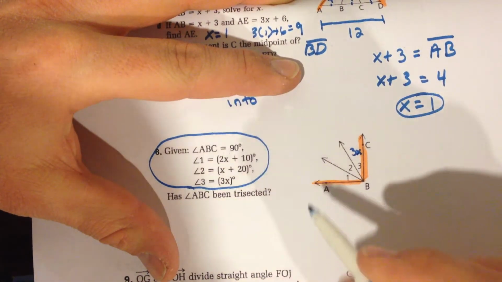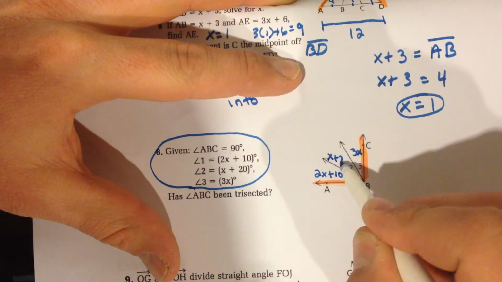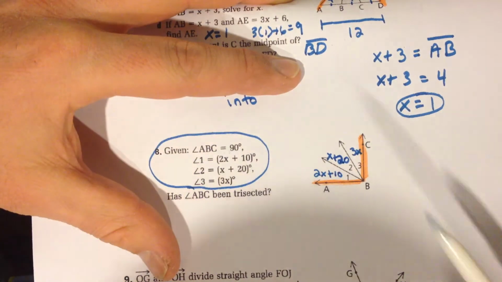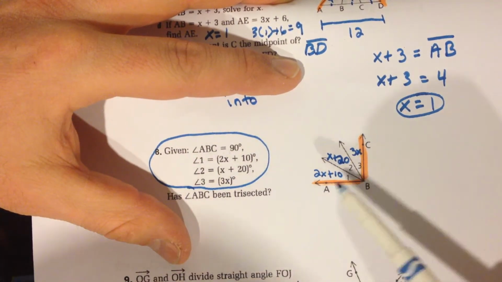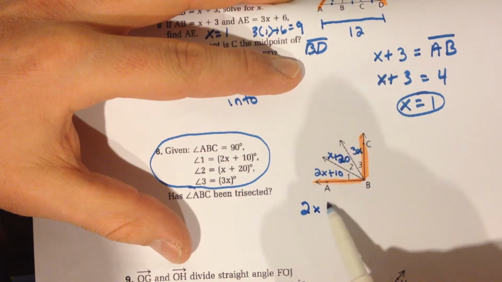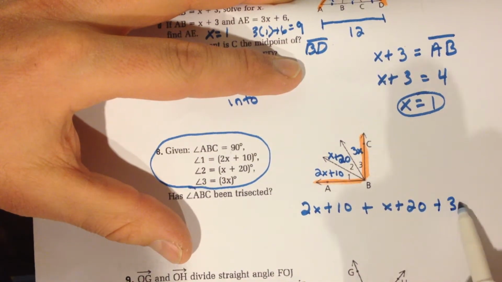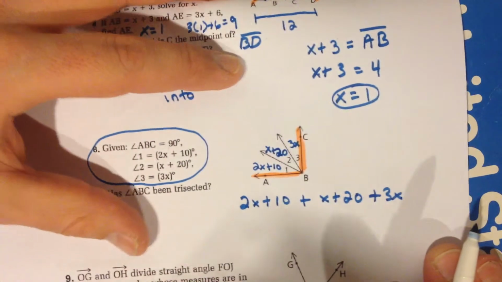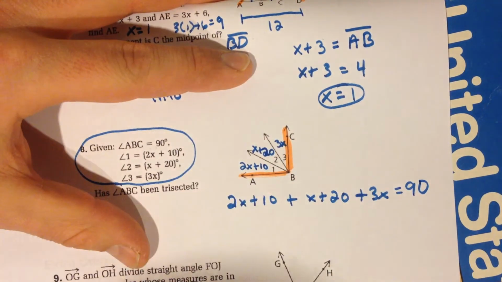We're not really going to be able to probably write all these expressions in here. Okay, I tried to squeeze them in there, but the key here is that I have 3 expressions and altogether they sum, the x plus the 20 plus the 3x, to 90.